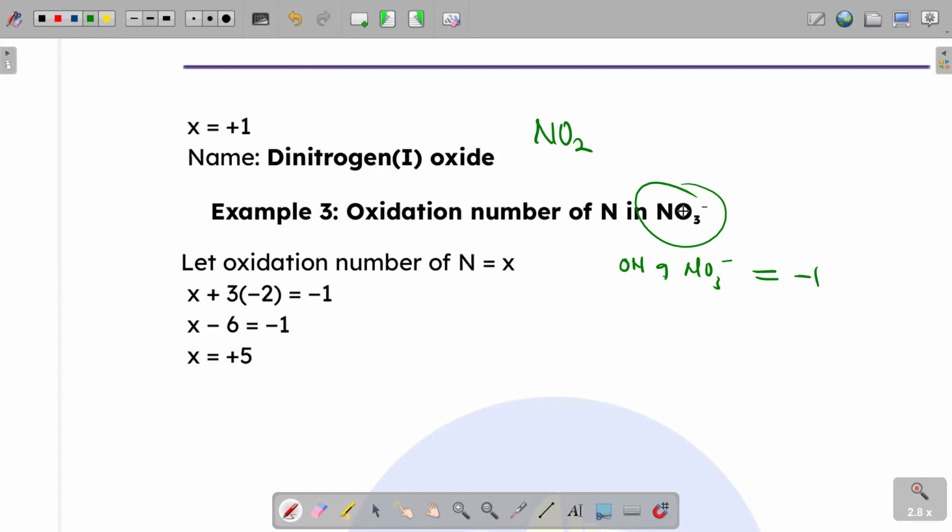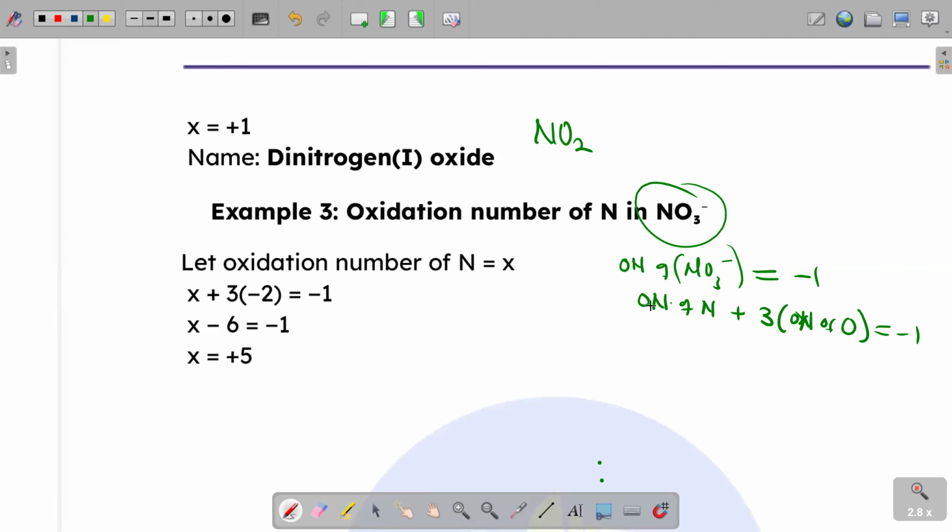So the oxidation number of nitrogen plus 3 times the oxidation number of oxygen will be equal to -1.